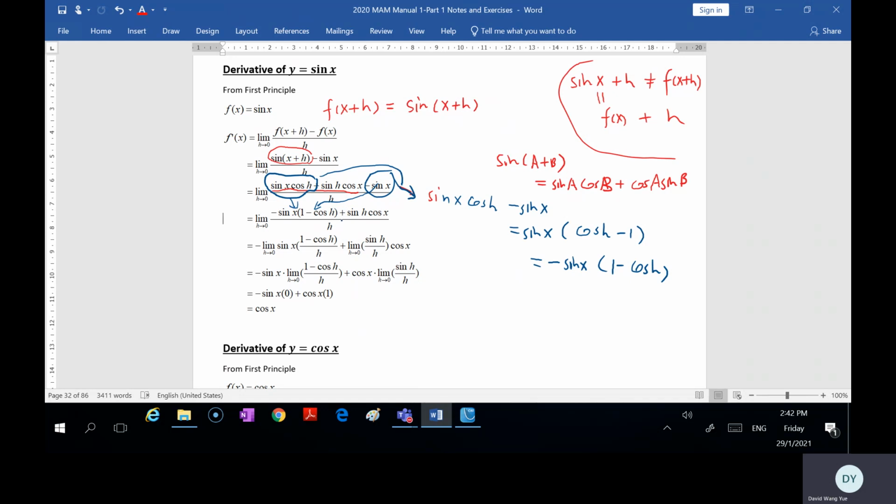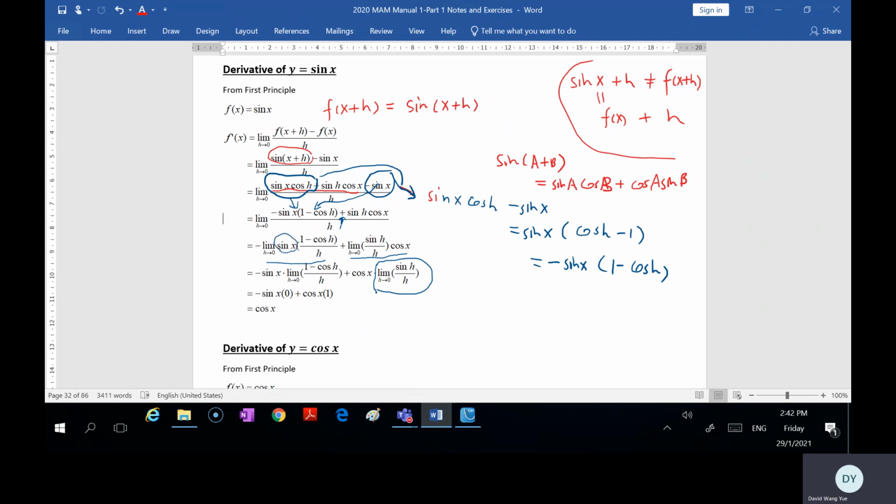Now we separate, because here we have the plus sign, so we separate this into two limit expressions. For the second one, sine h over h times cosine x. Cosine x can be taken out. We just need to work out the limit of sine h over h. Sine x is independent of h, only h goes to 0, so sine x is not affected.